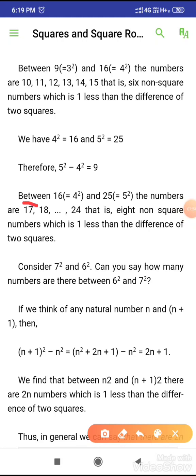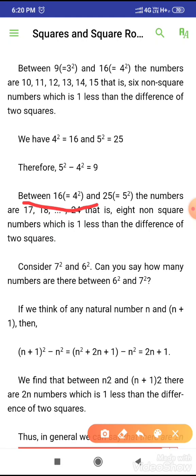And between 16, it means 4 square, and 25, it means 5 square, the numbers are 17, 18 up to 24, and that is 8 non-square numbers, which is 1 less than the difference of the 2 squares.